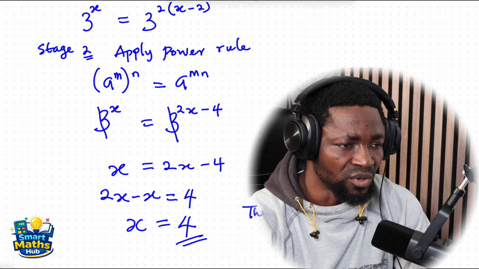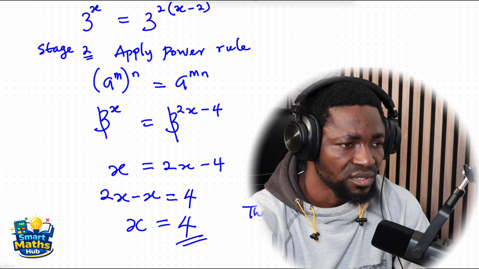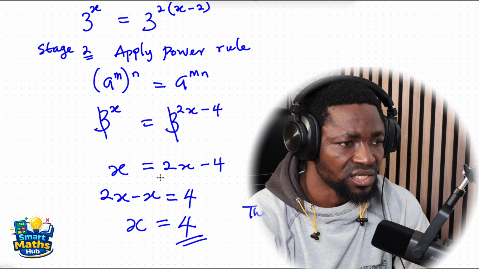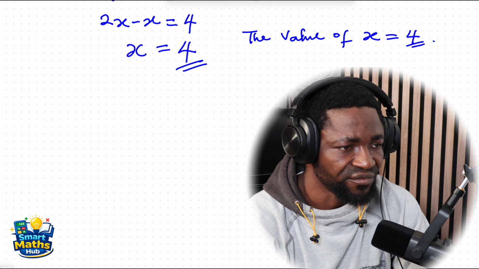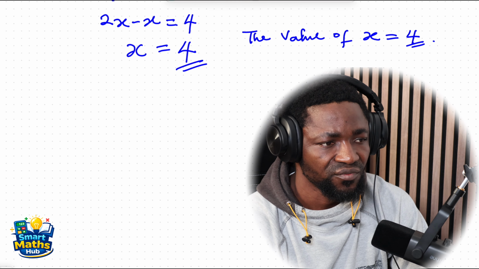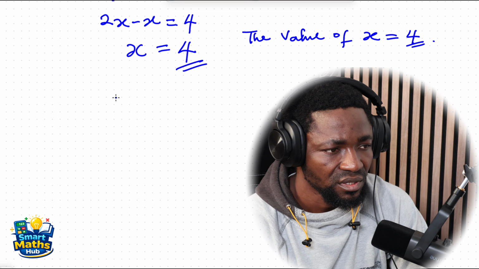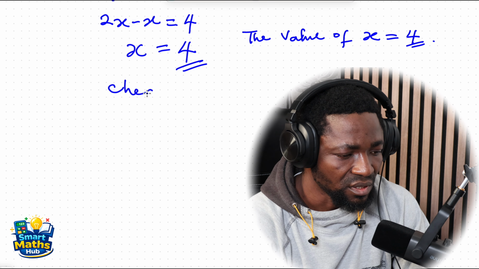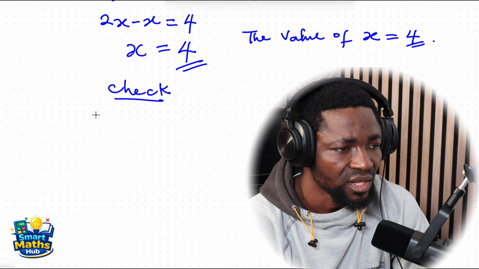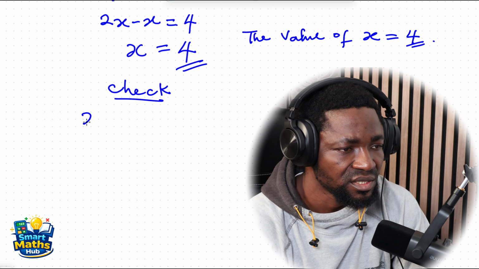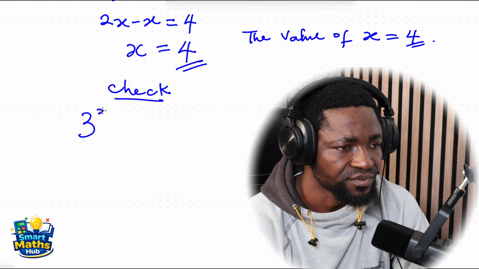Can we double check here as well? We can. Let's write the question back: 3 raised to power x equals 9 raised to power x minus 2.